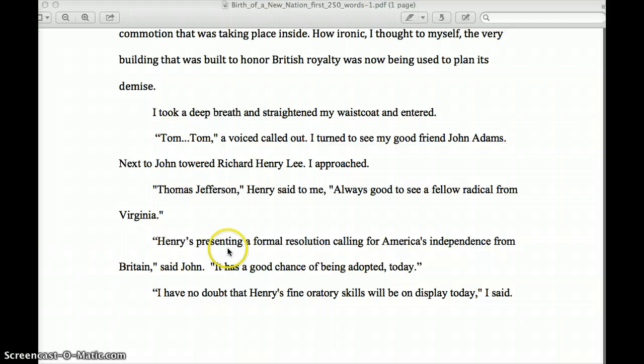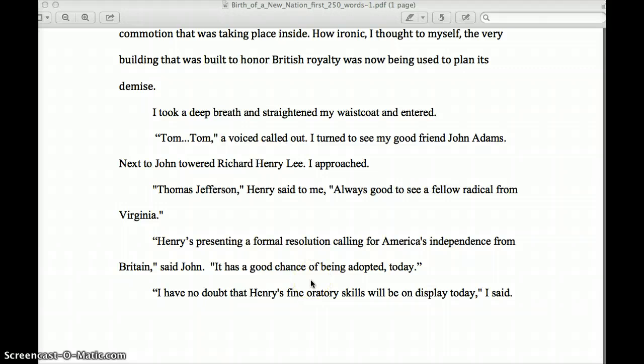And then John Adams speaks here, and he lets us know what's going to be happening in the upcoming scene. This is a really effective use of dialogue. If you write dialogue well, the reader will have a clear sense of what's going to happen next in the story. So when John Adams says Henry's presenting a formal resolution calling for America's independence from Britain, we know that that's going to come up.